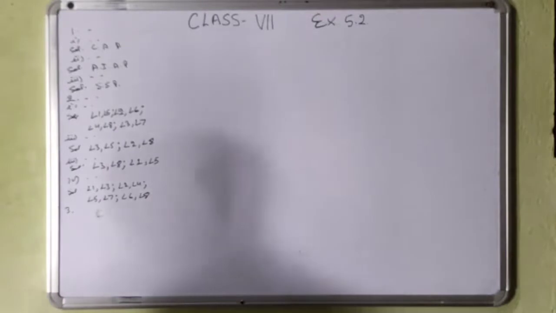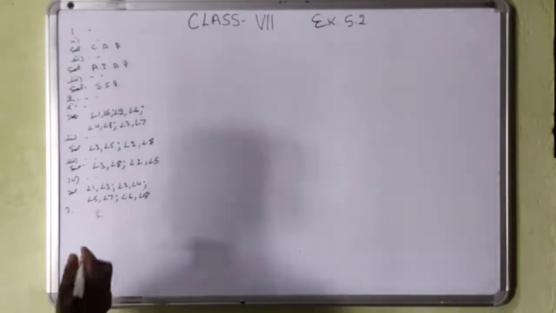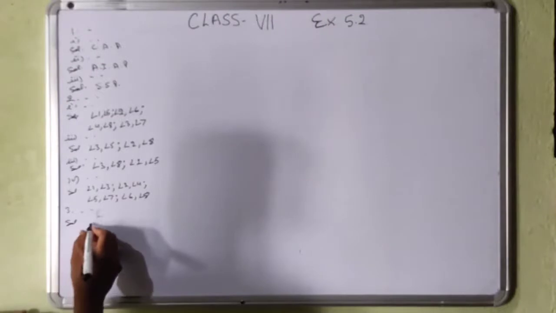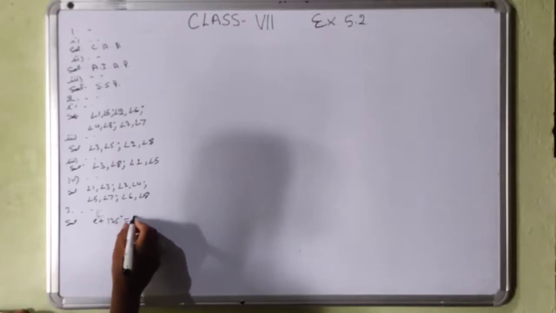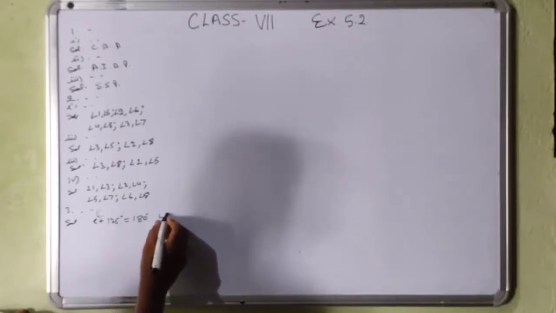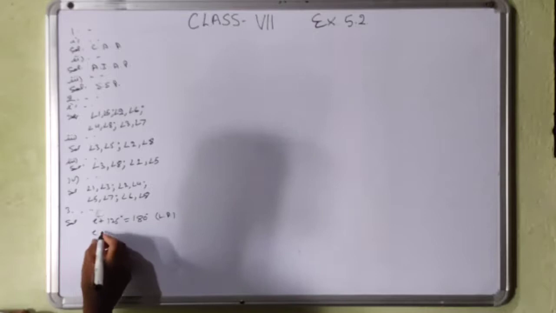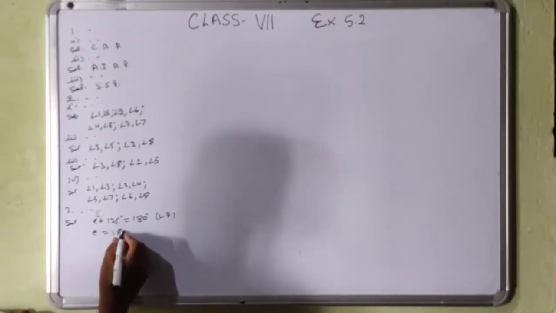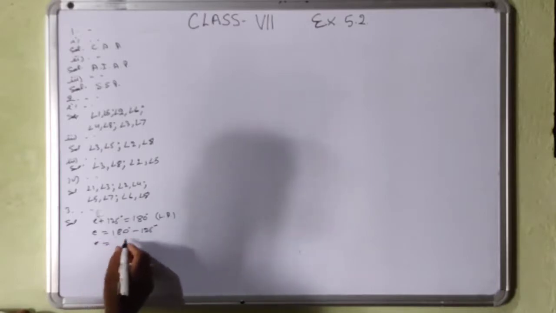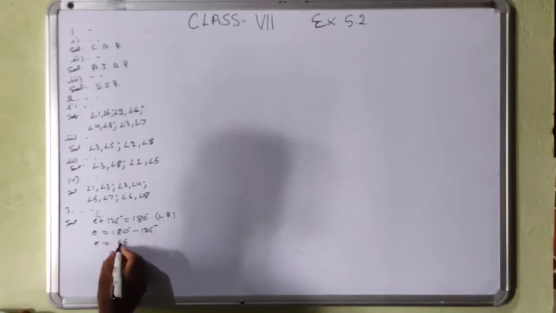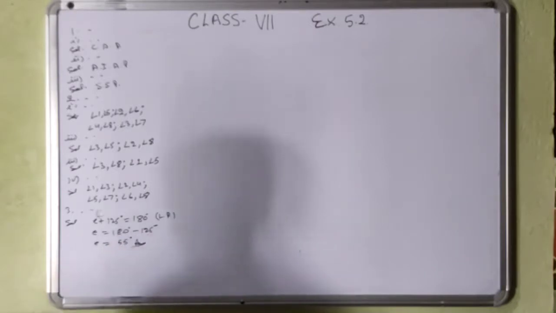Third question. In the adjoining figure, P parallel Q, find the unknown angles. Angle E plus 125 is equal to 180 degrees by linear pair. So E is equal to 180 minus 125, which is 55 degrees.